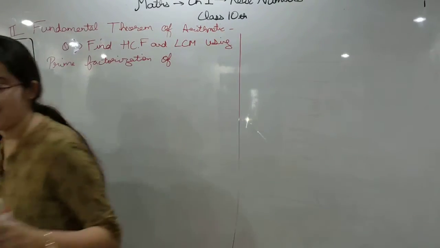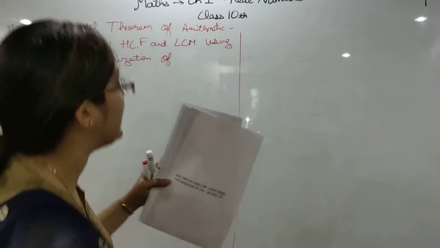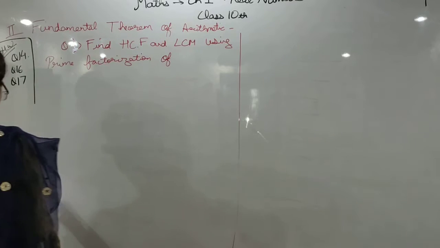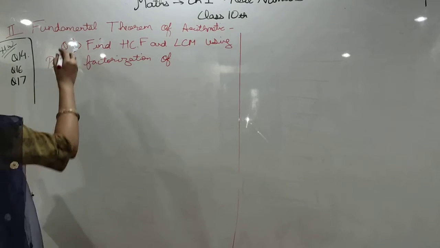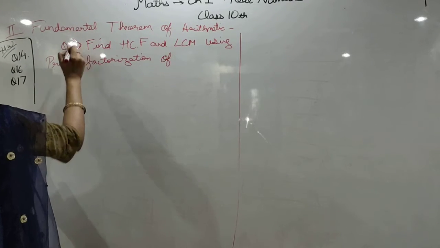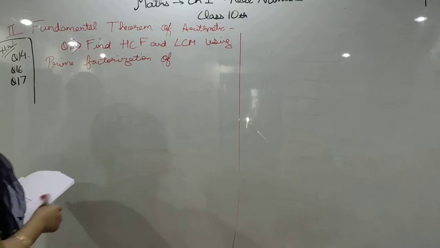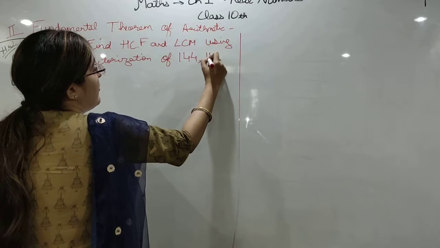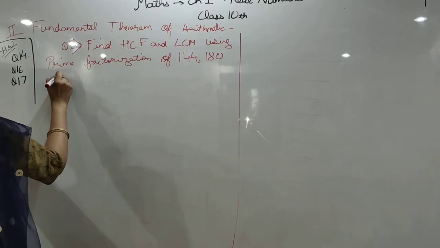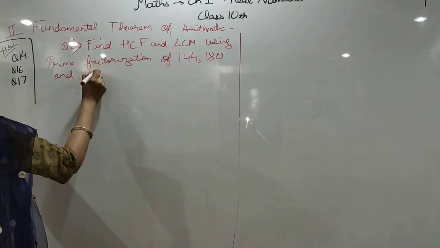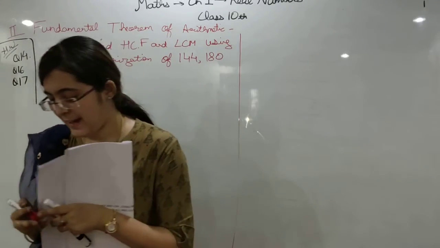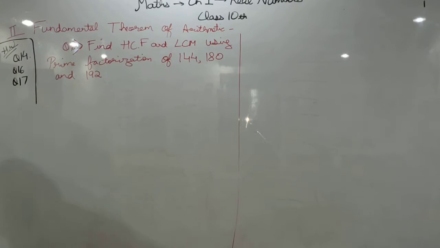You have to find HCF and LCM using prime factorization of 144, 180 and 192. There are 3 numbers whose HCF and LCM you have to calculate.